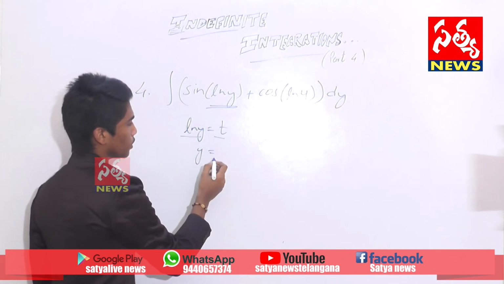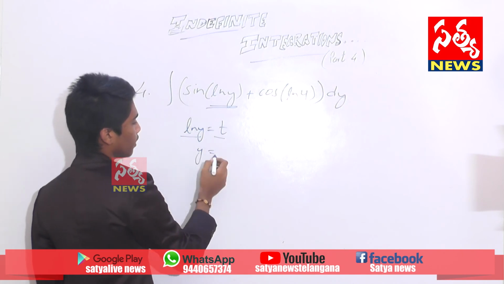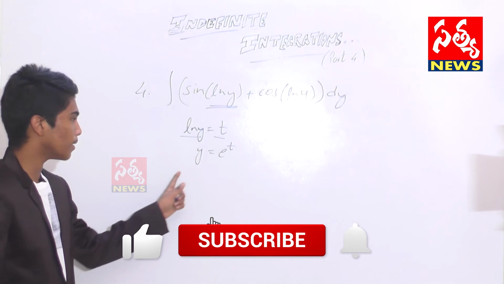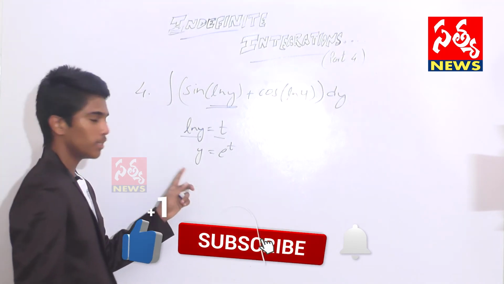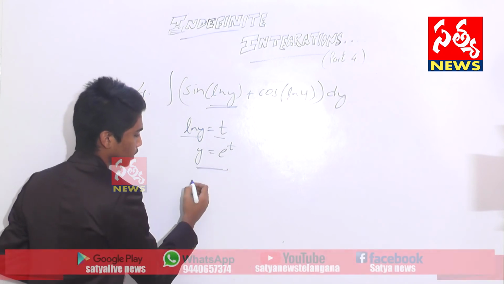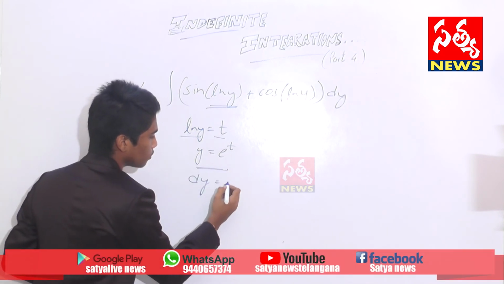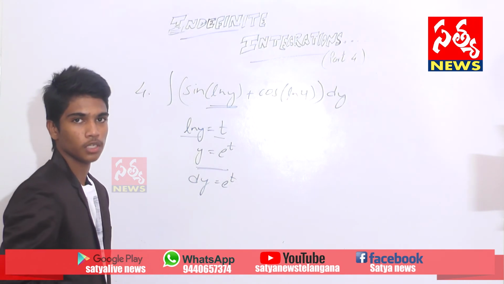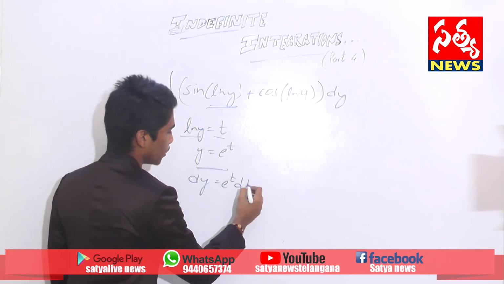It becomes exponential. We can write y equals e power t. This is the main step, the problem changing step. Here if we differentiate, dy equals e power t dt, as the differentiation of e power t is e power t only, it will not change.